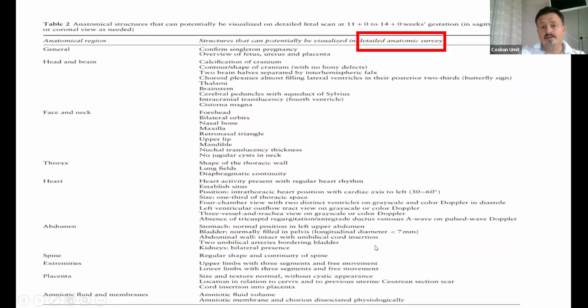On the other hand, these are the detailed anatomical survey, and I don't read them one by one, but if you have time, and if you have a nice machine, and if you have the knowledge of checking them, you can check all these structures one by one, and they are very important for the mother and for the baby.